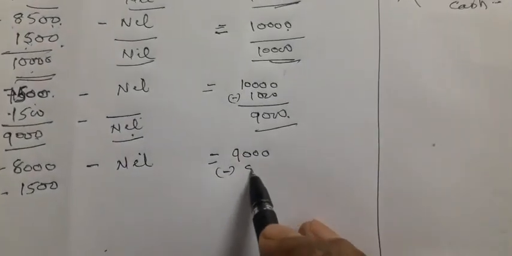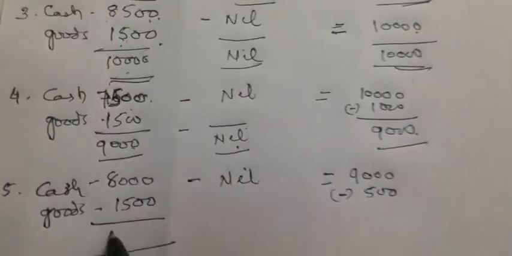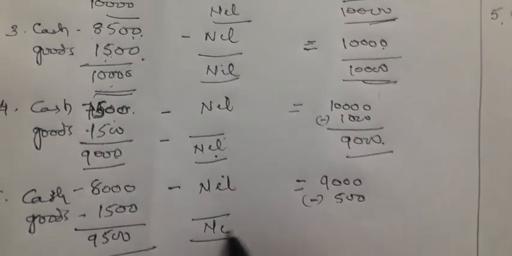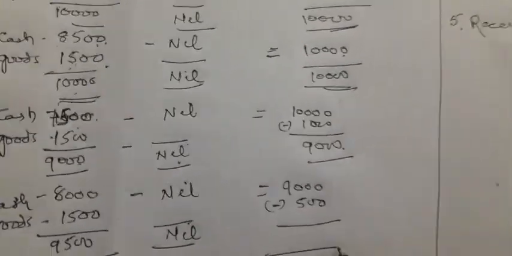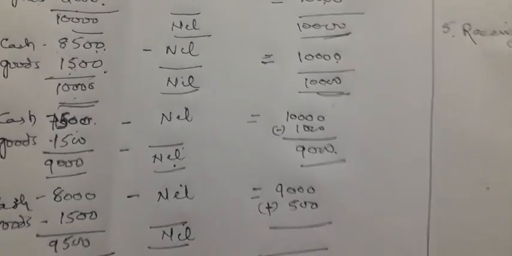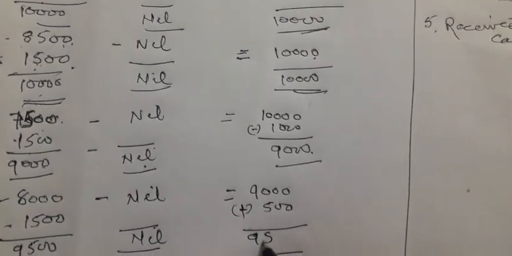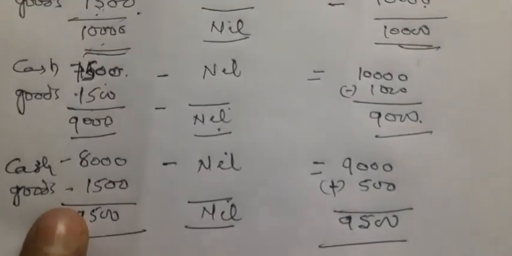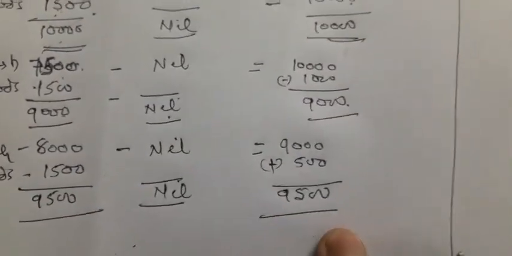So due to income, the capital will increase by 500. Now total assets come to 9,500, liabilities are nil, and capital is 9,500 rupees. Again, left hand side is equal to right hand side.